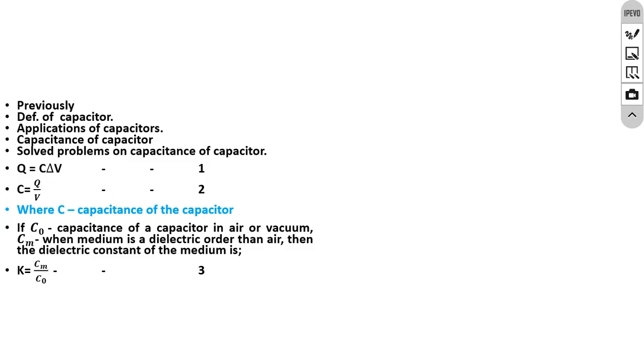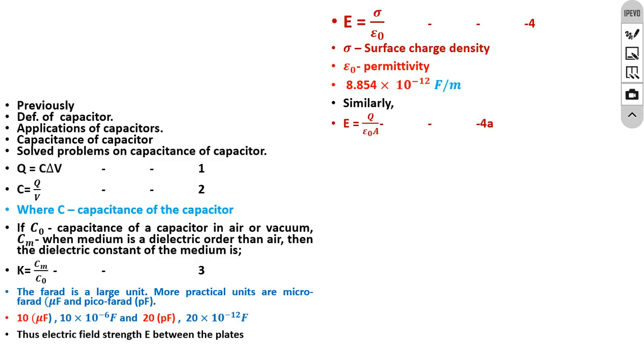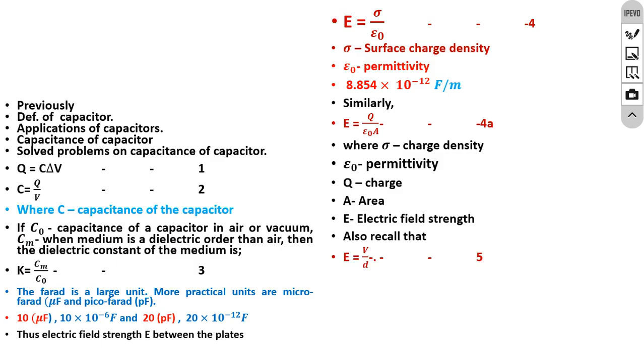We also had equation 3 to represent dielectric constant in a medium. We had considered electric field strength as shown in equation 4. We also had another expression for electric field strength, E equals to Q over epsilon naught A. And equation 5 as well, V over d.